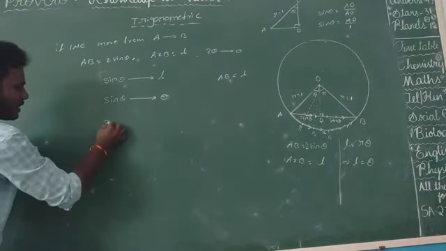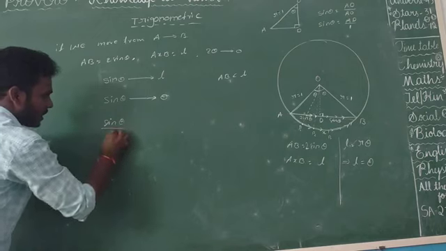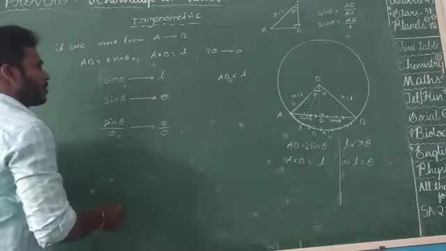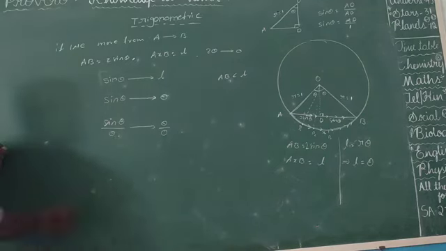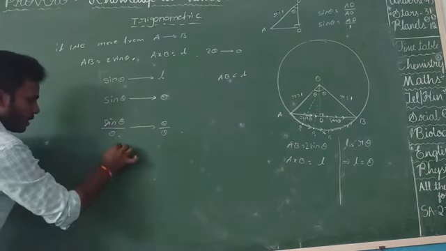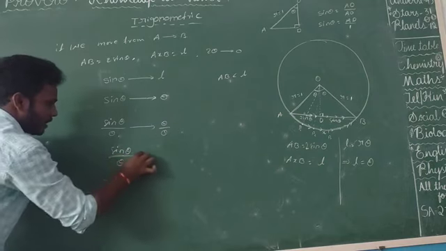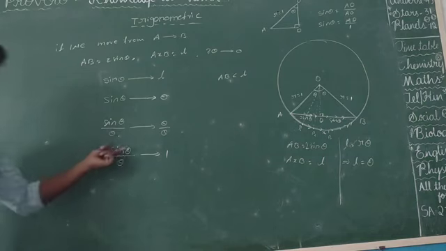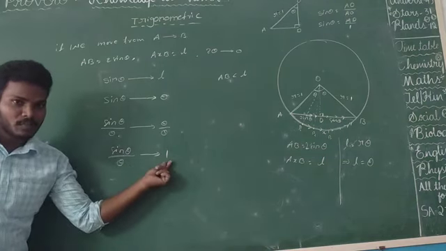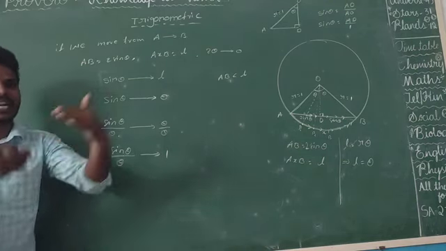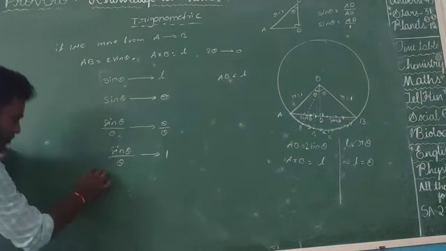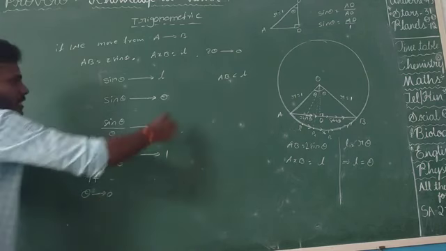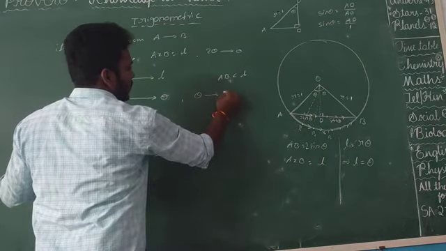On both sides, divide by theta: sin theta by theta is reaching theta by theta, which is 1. That's why sin theta by theta is going to reach 1. When applying a limit, meaning the ultimate target, limit theta tends to 0.